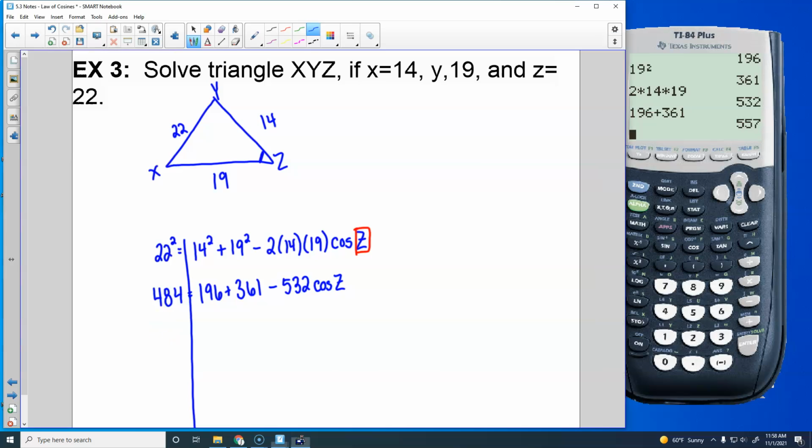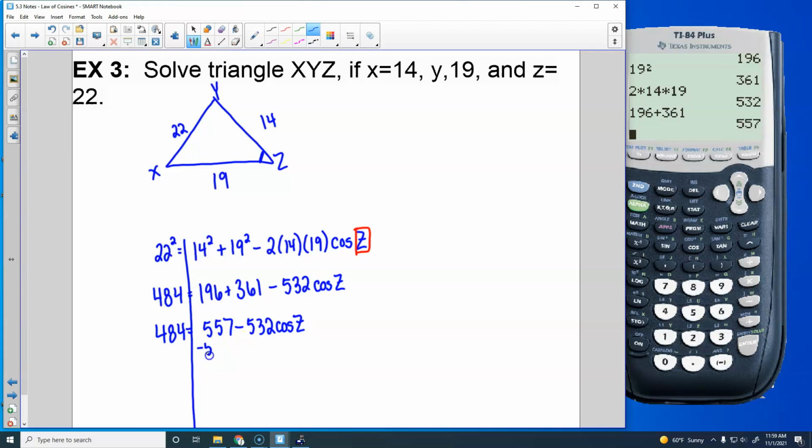So that's going to give me 484 equals 557 minus 532 cosine of Z. Can I put 557 and 532 together? No. Because I got that cosine Z beside of my 532. So I cannot put those together.